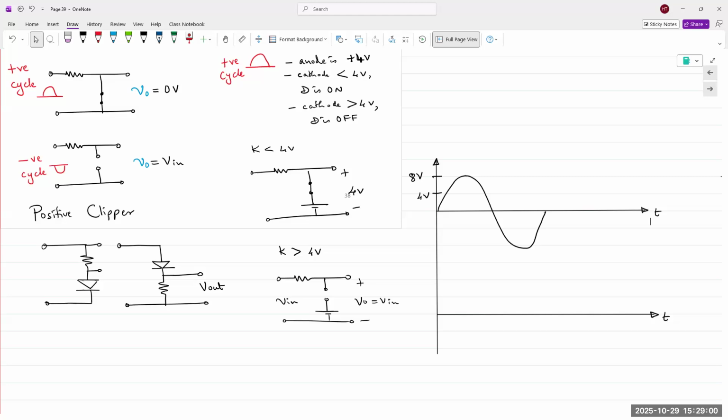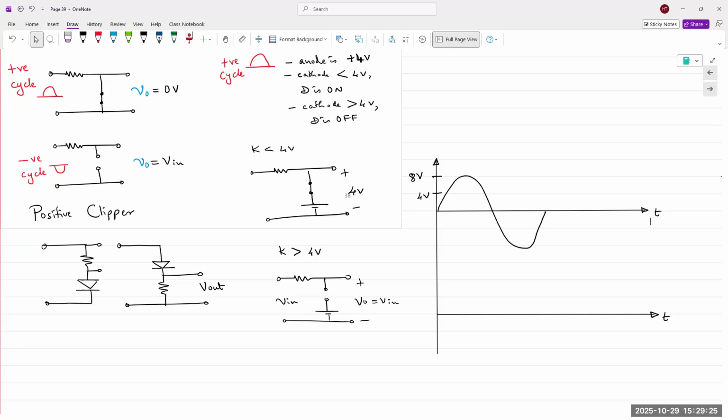So the first thing to do, the approach that you want to take for this kind of problem, is look at the V in, right? What did we say? We are breaking up the V in into 2 parts. First is the positive cycle, next is the negative cycle. Then in the positive cycle, we are further breaking it down into 2 parts: when V in is less than 4 and V in is above 4.